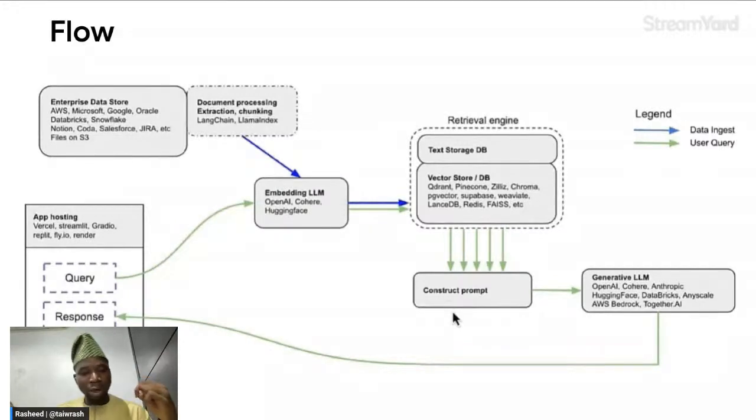After we've been able to chunk it into different chunks or words, we now need to save it somewhere. We embed it. Embedding means we convert it to numbers, and save these embeddings inside a vector database. There are thousands of vector databases out there.